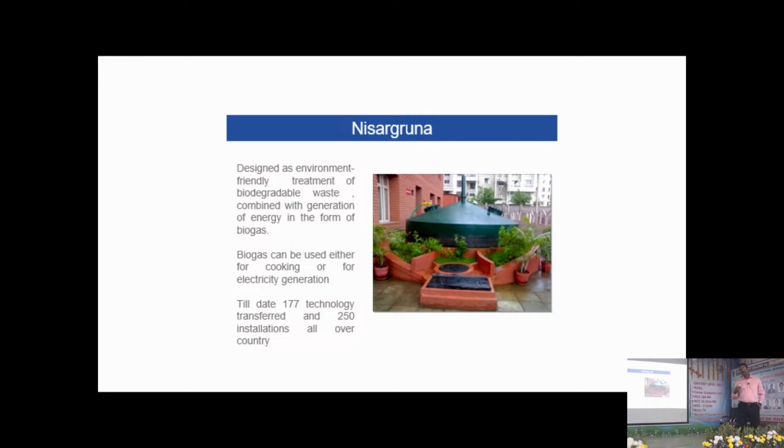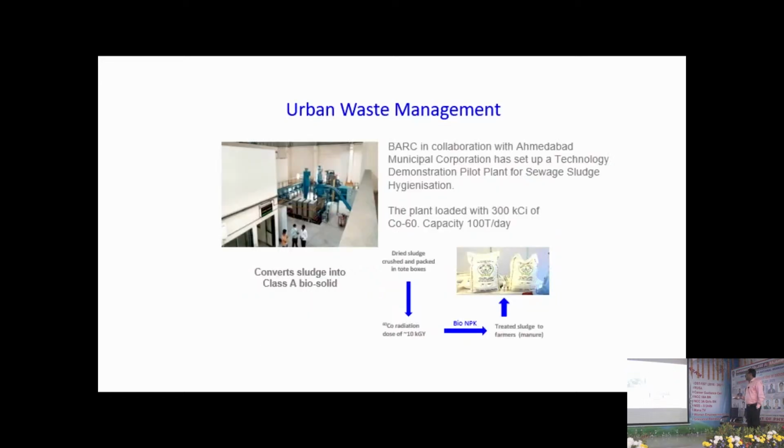So these two things reduce, this is a waste management technology. Today 250 installations are there. Tomorrow I am signing with the Western Hotel Association of India. They have promised to put it in nearly 1,000 hotels in India. So this is also happening.